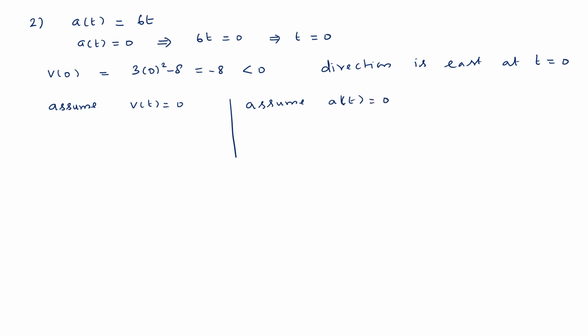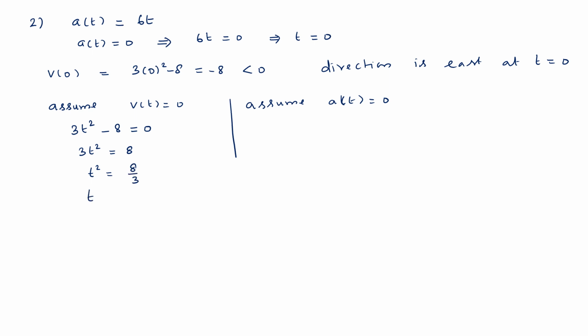What is v of t here? 3t square minus 8 equal to 0. 3t square equal to 8. t square equal to 8 by 3.